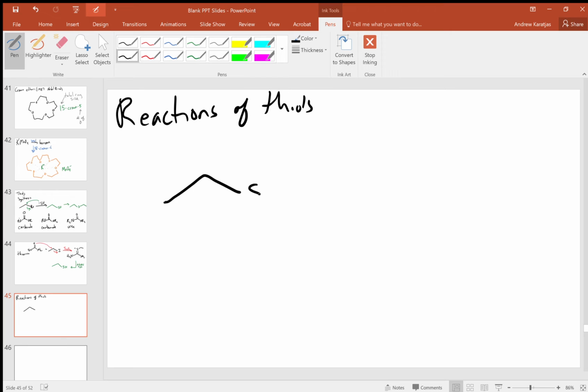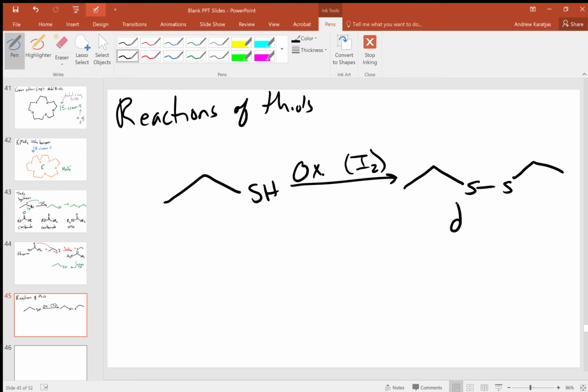We can take any thiol, and if we oxidize it, and if we were doing this in the lab, we might use something like iodine, that thiol gets converted into a disulfide. The disulfide can go back the other direction by a reduction reaction, often using something like zinc and acid.